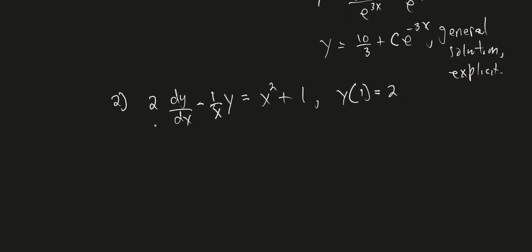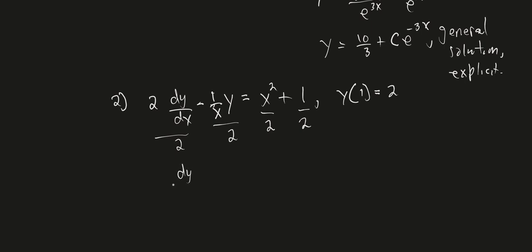Well, this one technically is not in the standard form because I don't have a leading coefficient of 1. So the first thing I would do to get it in that standard form, I'd have to divide all the terms by 2. Alright, so let's see what we have.